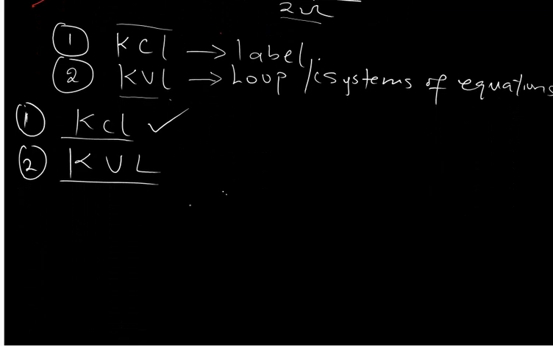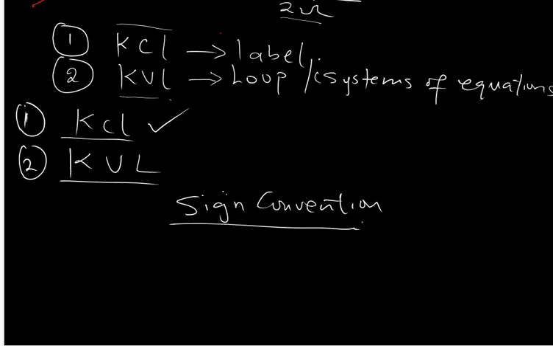I want to show you the sign convention in KVL. How do we know when a voltage across a component is positive or negative? Let's start with the voltage source, the supply. Of course you know it has a positive and a negative terminal.